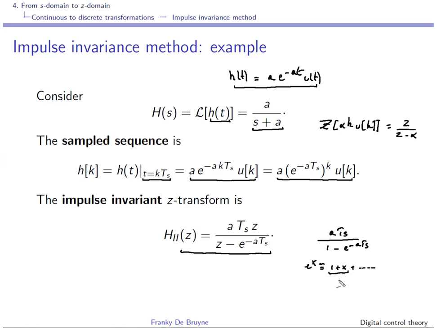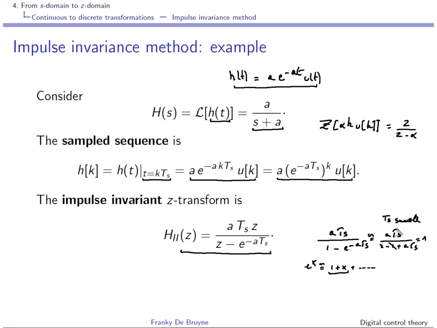We'll just use the first two terms, so that this becomes approximately 1 minus 1 plus aTs, right? So these cancel out, and this will be 1. So this one here is approximately 1 when Ts is small.